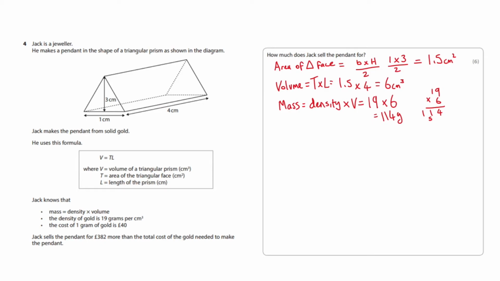We know the cost of the gold is £40 per gram, so now we can work out how much this pendant will cost to make. The cost equals 114 times 40.